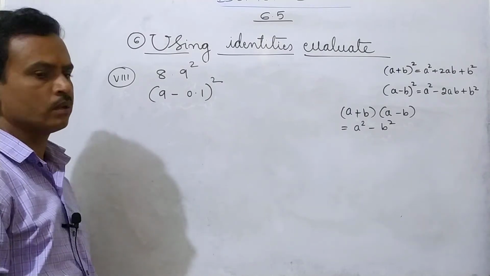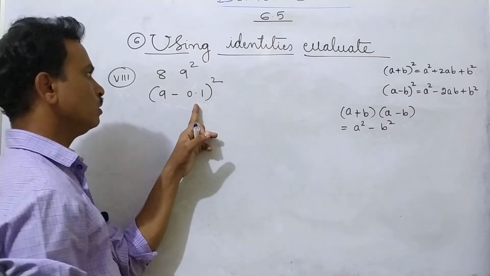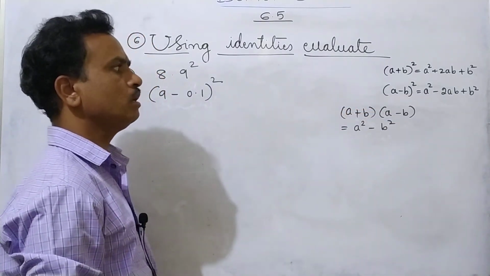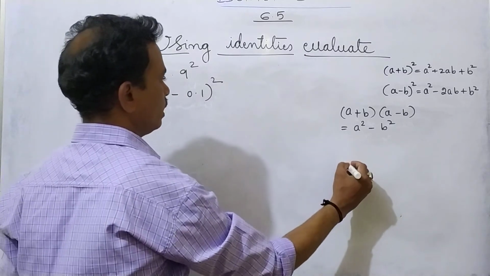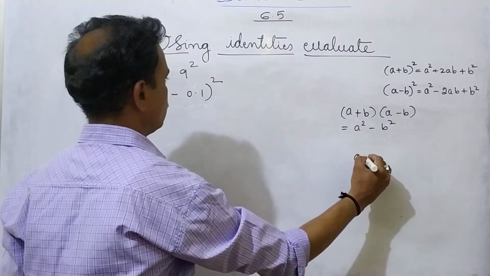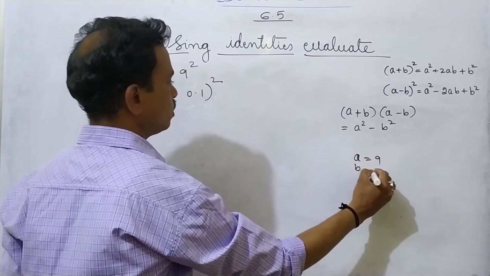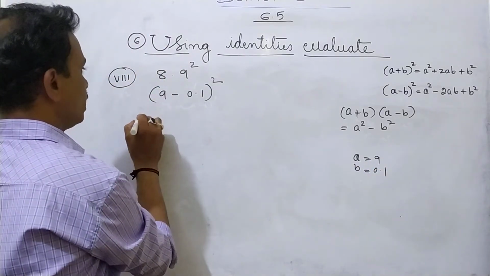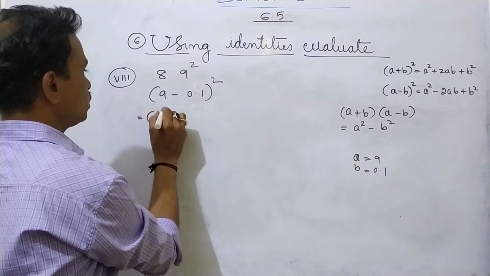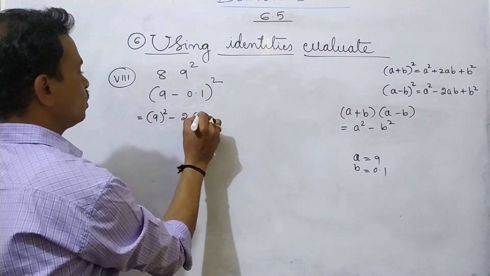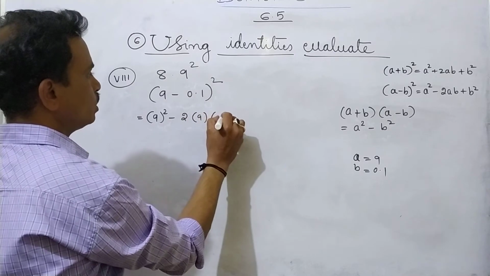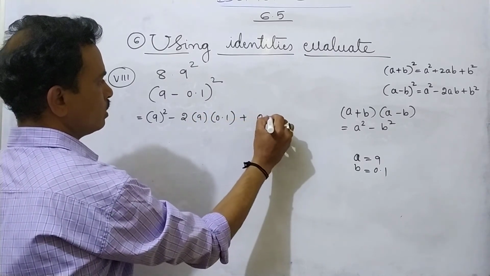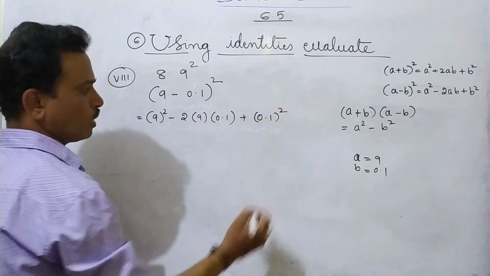Now use the (a minus b) whole square identity, that is a square minus 2ab plus b square. Now here a is equal to 9, b is equal to 0.1. So this can be written as 9 square minus 2ab, b is 0.1, the next plus b square, 0.1 whole square.